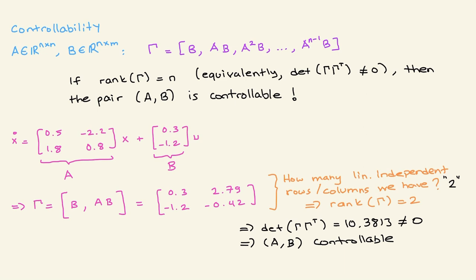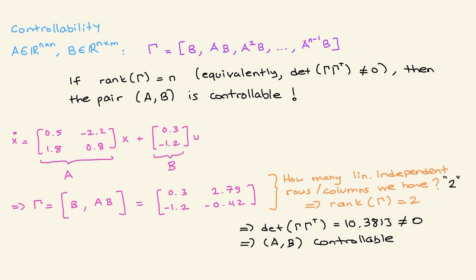Most of the systems that I dealt with are either controllable or stabilizable. Honestly, I will say controllable. If the system is not controllable, you can include more actuators to your system to control the motion of the system in a controllable manner, such that the pair AB will be controllable.